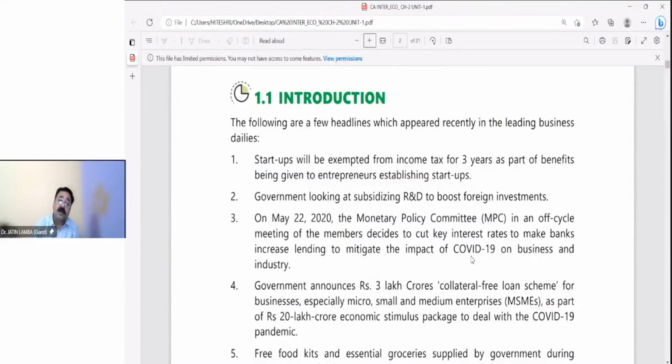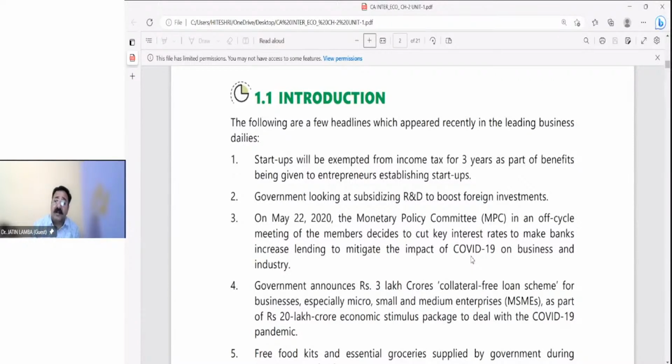So this was the news on May 22, 2020. The Monetary Policy Committee in an off-cycle meeting decided to cut key interest rates to make banks increase lending, to mitigate the impact of COVID-19 की वजह से जो बिजनेस और इंडस्ट्रीज को इम्पैक्ट आया था, जो डाउनफॉल आया था.